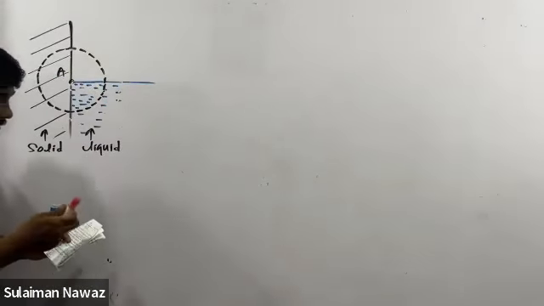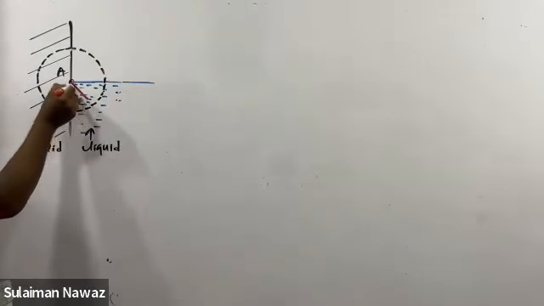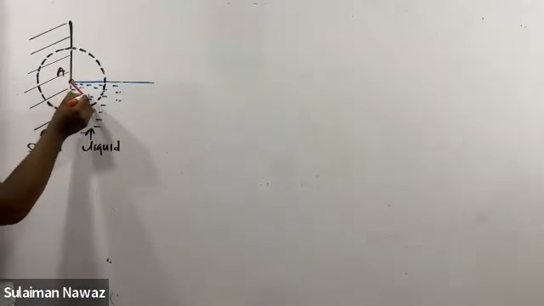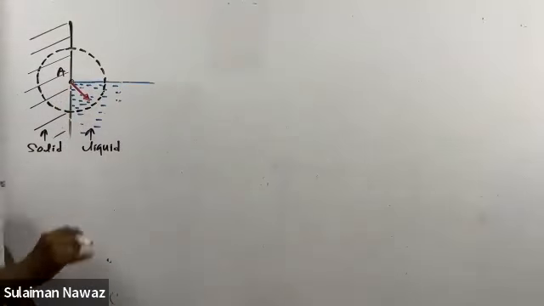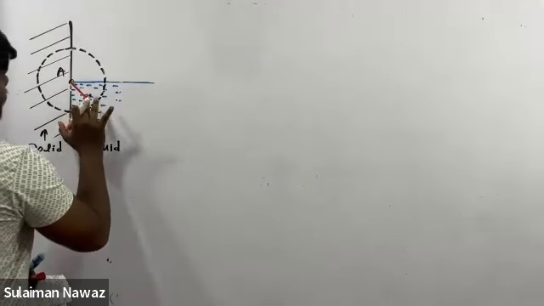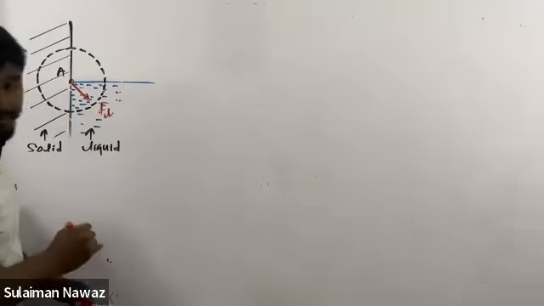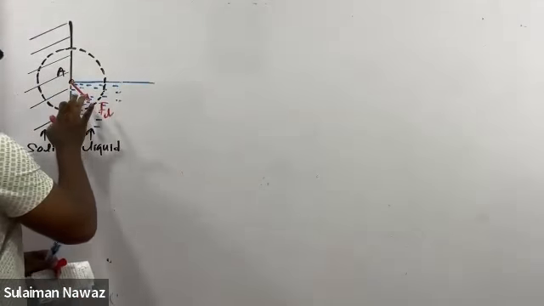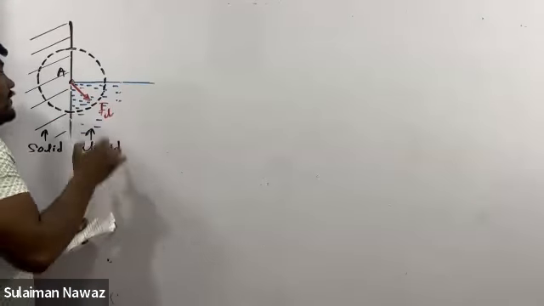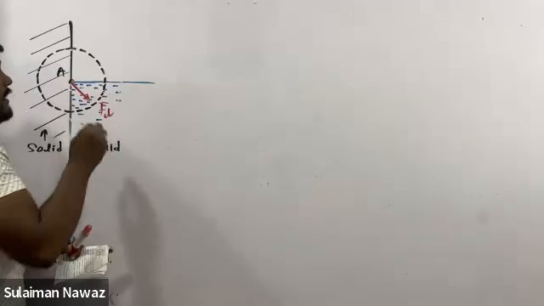That must be FL, exactly 45 degrees from the vertical direction. If you have a good understanding, you will understand what I'm saying. FL is the resultant attraction force on particle A by the liquid particles in the sphere of influence.